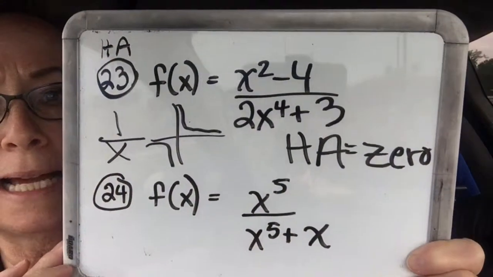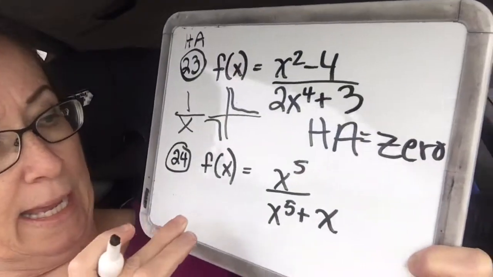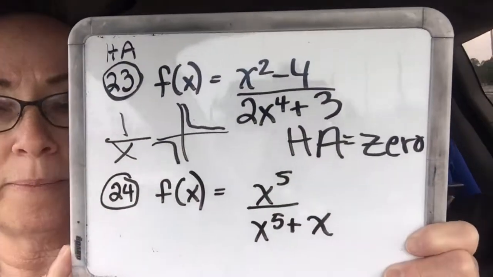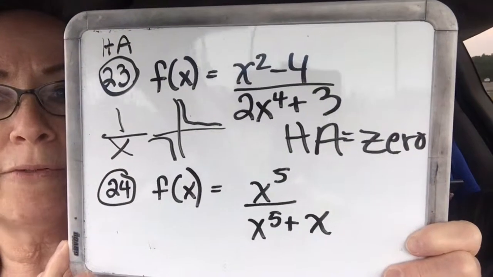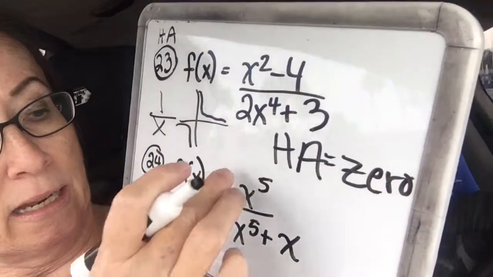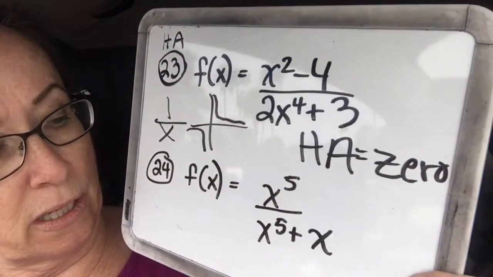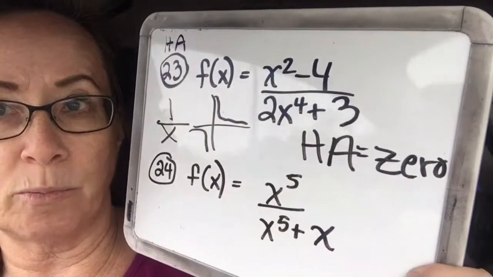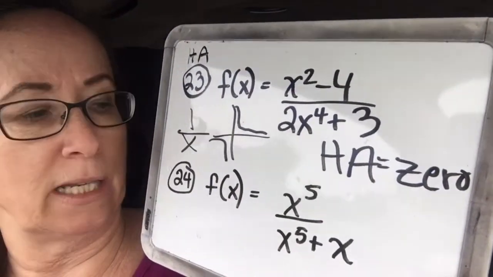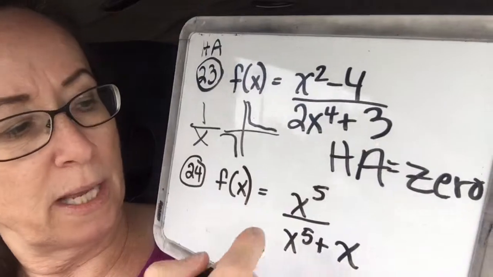Now the second problem down here has an x to the 5th on the top and an x to the 5th on the bottom. Whenever we have the same powers, or same degrees, in the numerator and the denominator, we get the fraction of the lead terms.